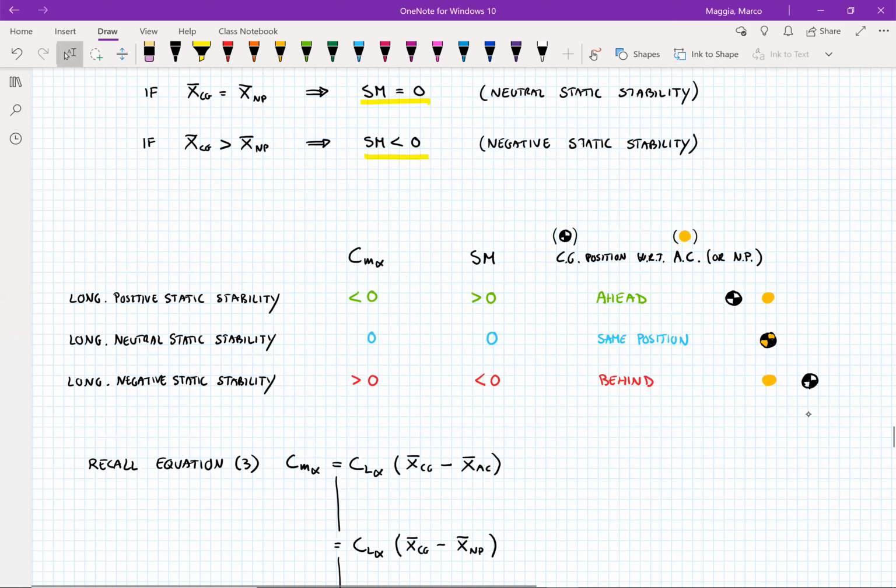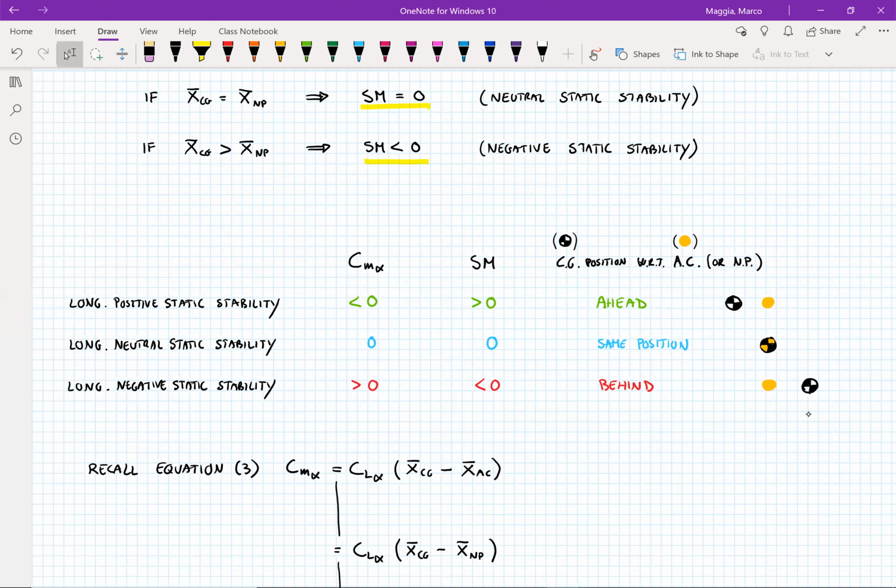Now in this table here, I sort of summarized what I've said so far. We can express the same concept of static stability using 3 parameters. So either we refer to Cm alpha. I'm just going to read the positive static stability. That has to be less than 0, which implies that the safety margin is positive, and that the center of gravity is positioned ahead of the aerodynamic center.